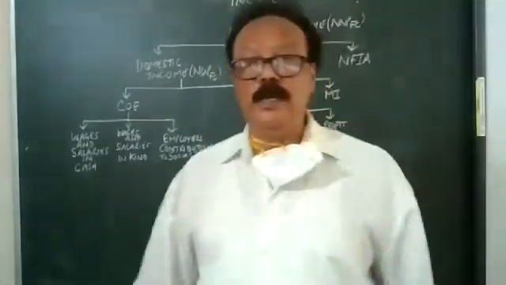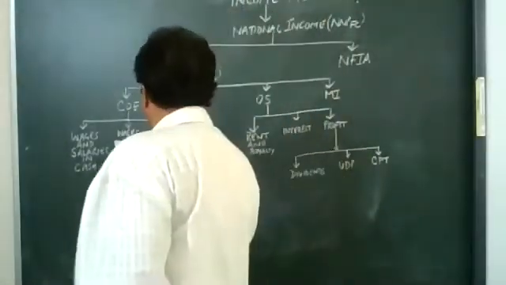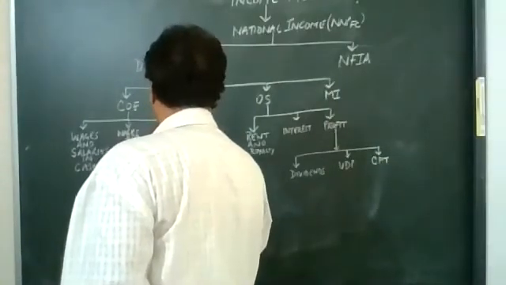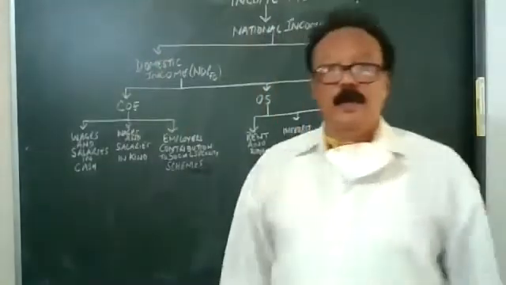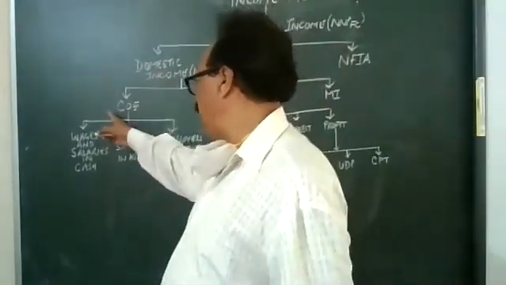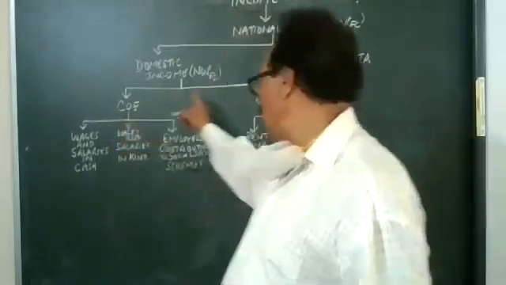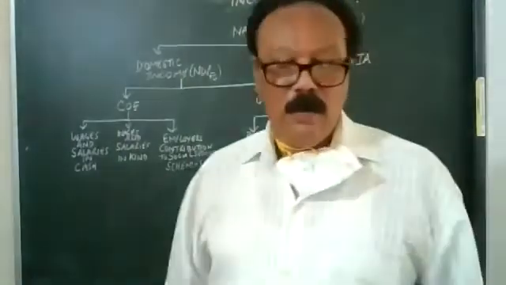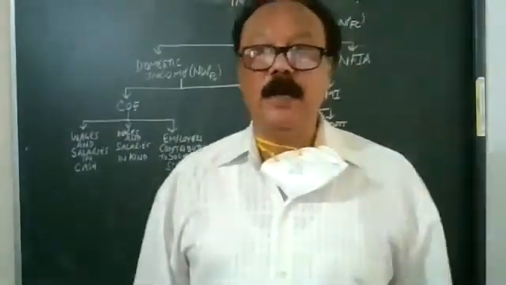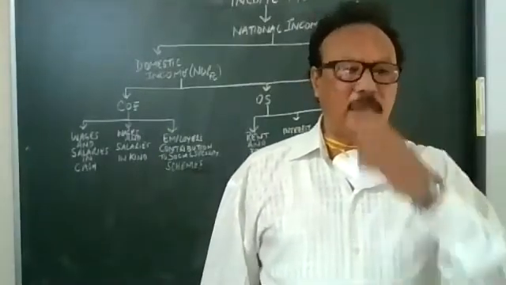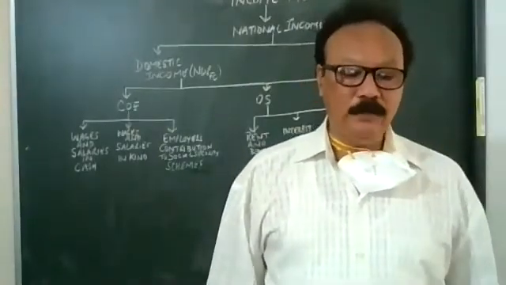Social security schemes, you can write. So this takes care of the first part: NDP at factor cost is equal to COE plus OS, operating surplus. What is operating surplus? Write down.